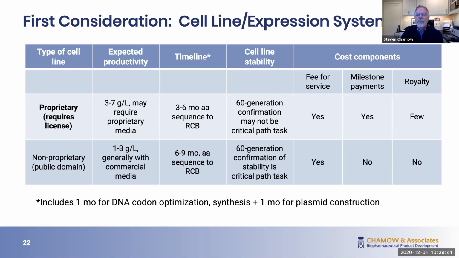And so we want to make sure we do this, and we don't invest a lot of effort into parallel activities until we have a reasonable assurance that stability is there. Cost components are less of an issue here. Yes, fee for service, generally not milestone payments and not royalties.